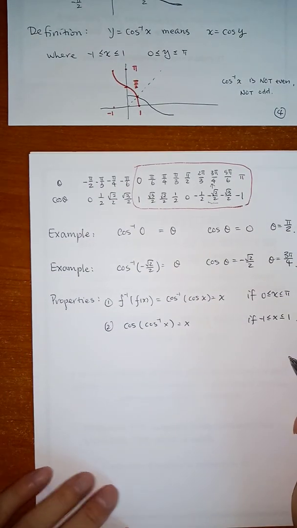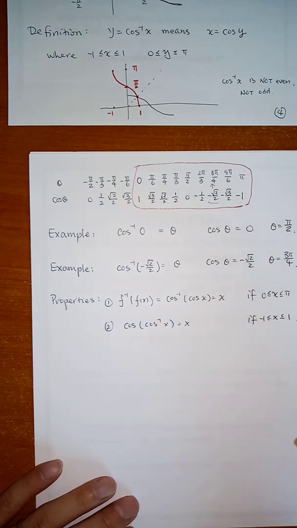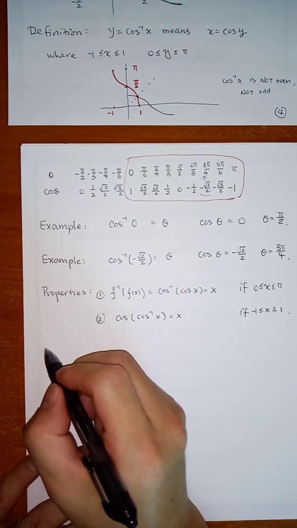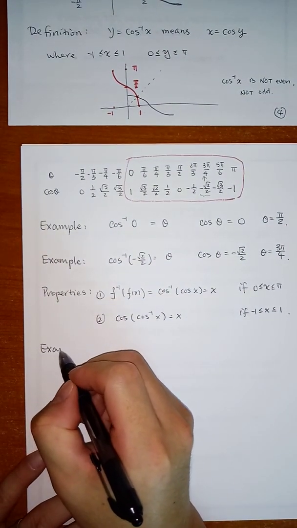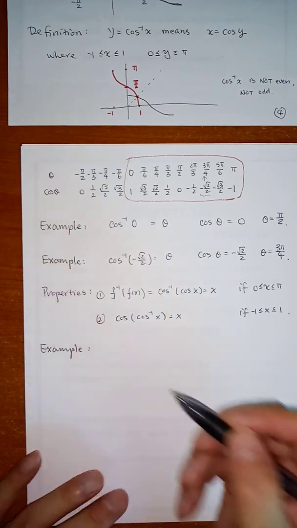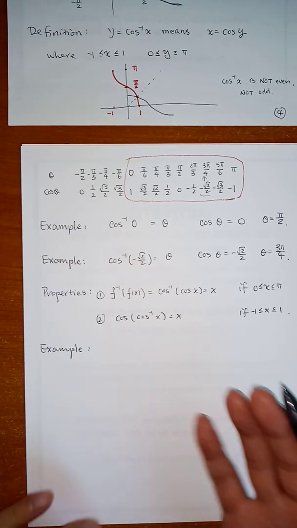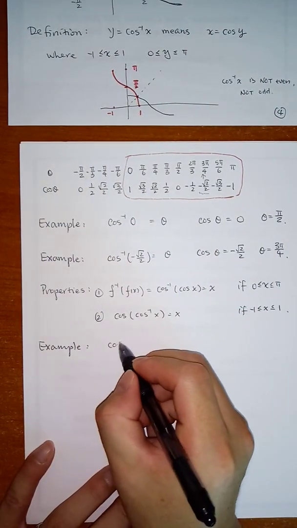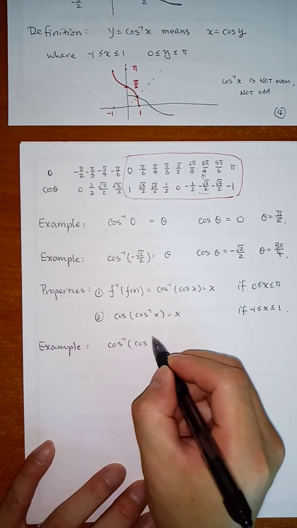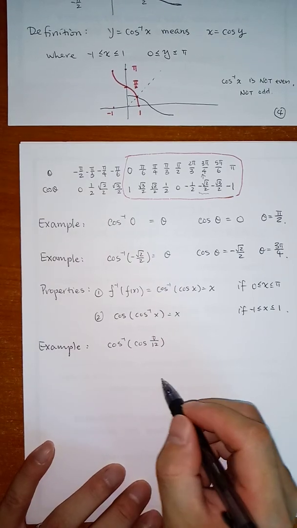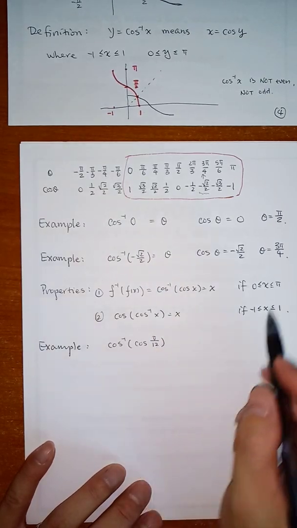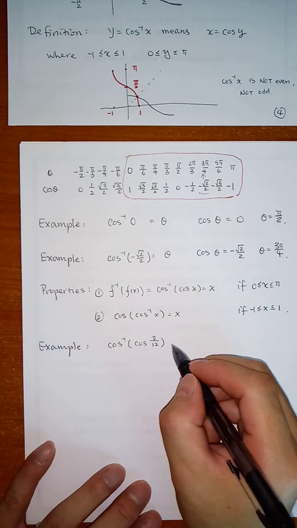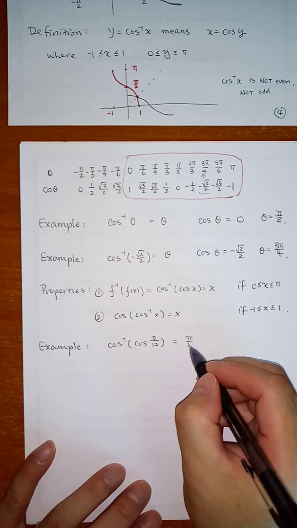Okay, so let's check. The sine inverse and cosine inverse have a lot of similar examples. So for example, if we have cosine inverse of cosine pi over 12, this angle is between 0 and pi, and this gives us pi over 12.